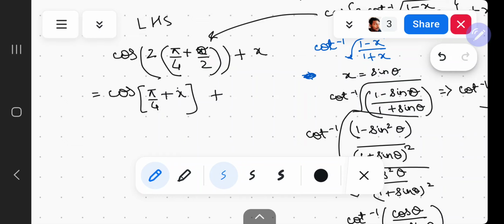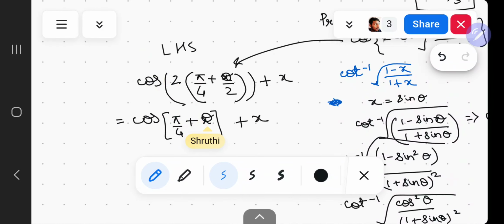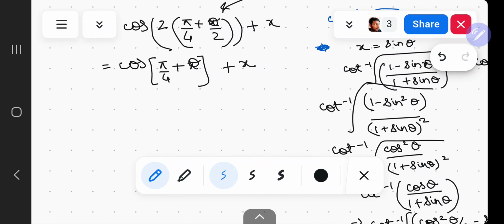Sorry, this was theta and this was x. Okay. That was theta there. And this will be pi by 2 after multiplying. This was pi by 2 plus theta, plus x.